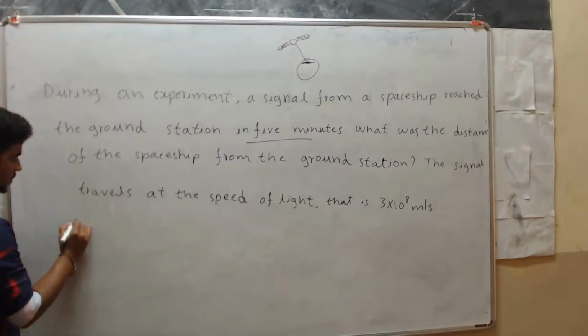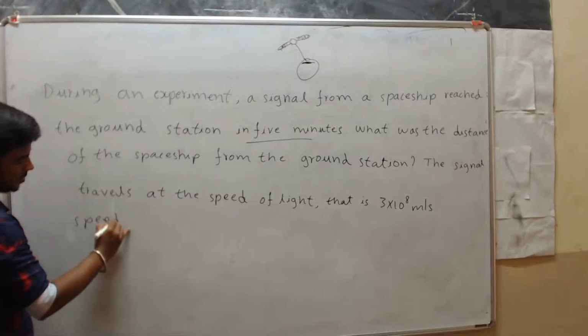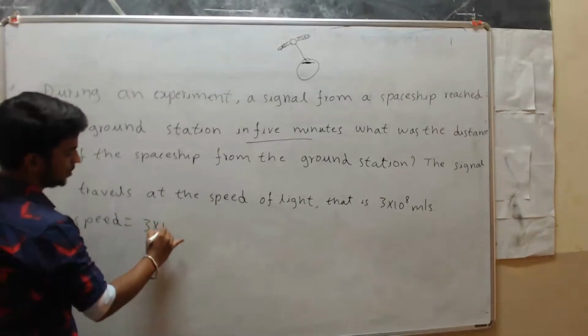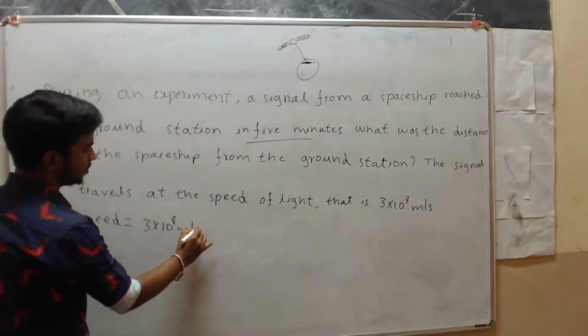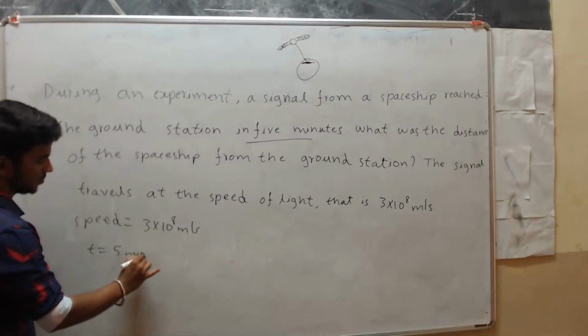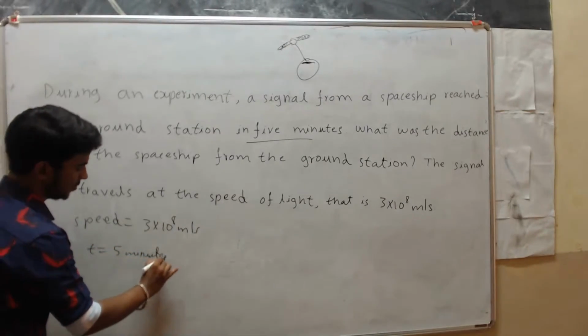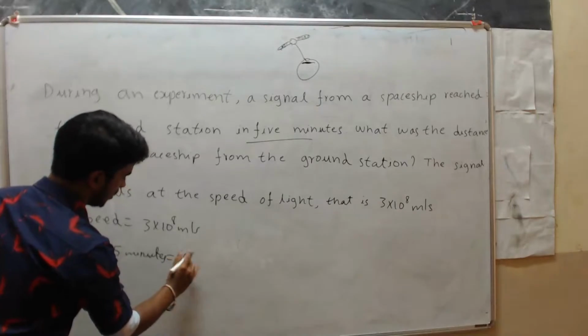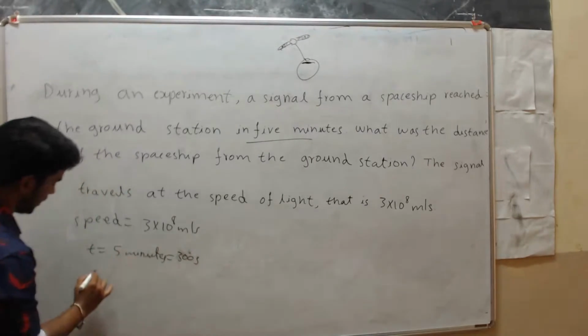Here, speed equal to 3 into 10 raised to the power 8 meter per second. Then time is equal to 5 minutes, that is 300 seconds. So we need distance.